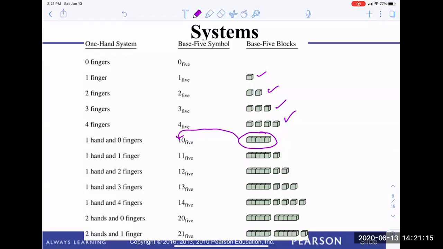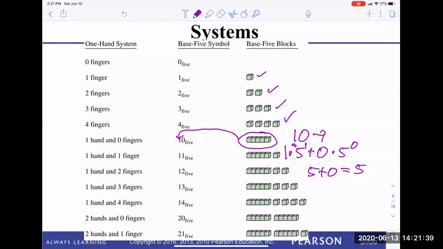So this number, 1, 0, is, if I do expanded form, this is 1 times 5 to the first plus 0 times 5 to the 0 is 5 plus 0 is 5.